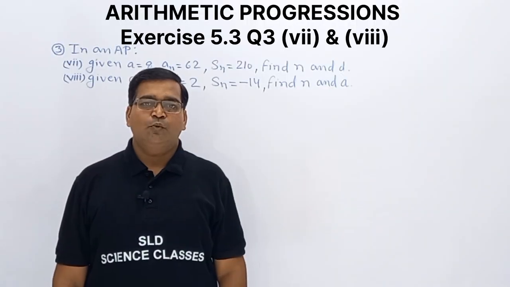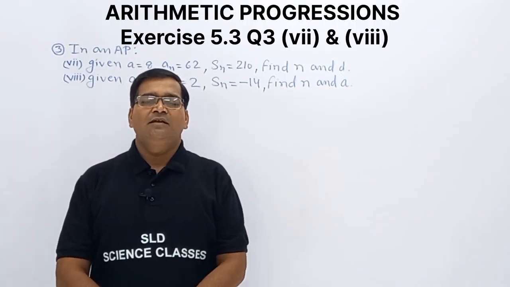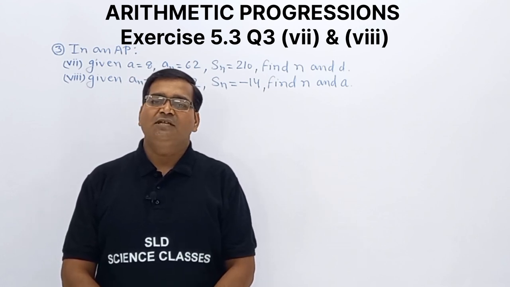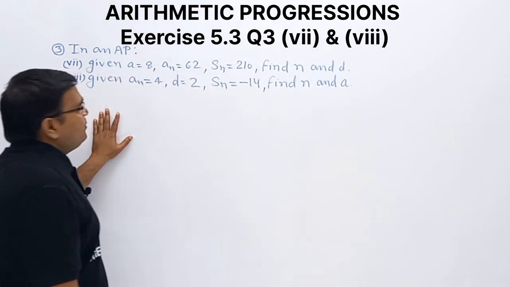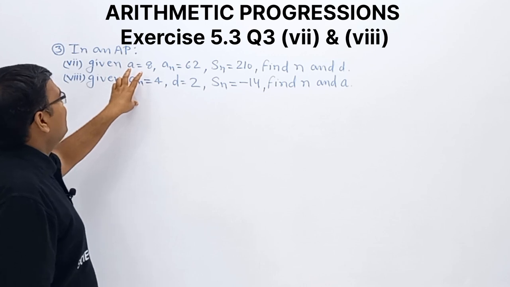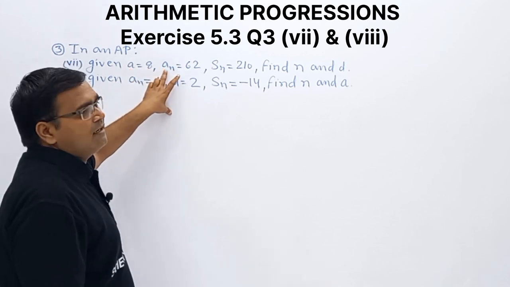In this class, we are going to discuss question number 3, 7th one and 8th one, exercise 5.3, arithmetic progressions. Observe, in an AP, we are having A, the first term, equal to 8.